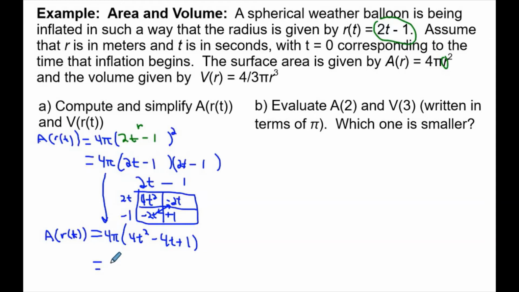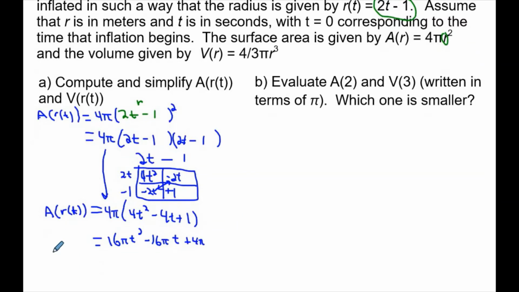So if I multiply this times this, I would get 16 pi t squared. If I multiplied 4 pi times negative 4t, I would have negative 16 pi t. And then if I multiply 4 pi times 1, I would get 4 pi. So that would be what it would look like simplified. Some people might want the factored out version, but these are both equivalent. So there is the area model.